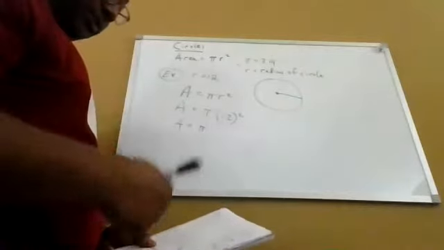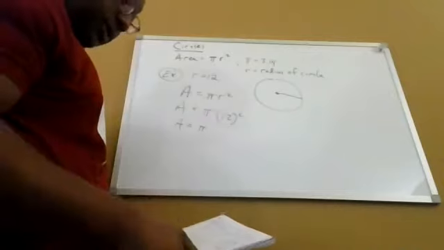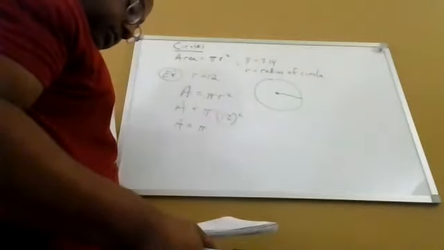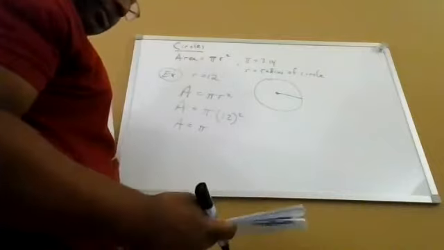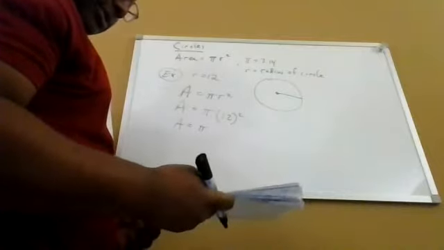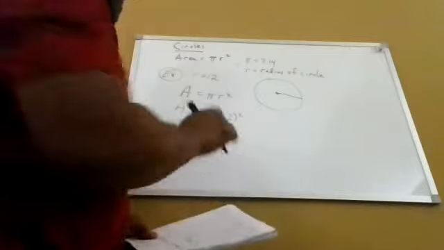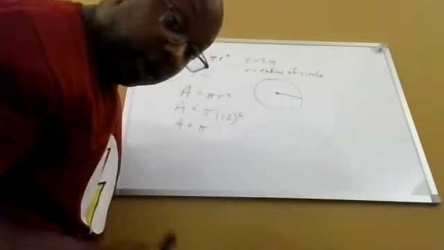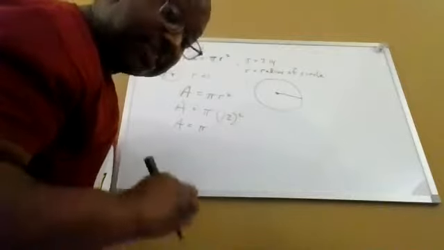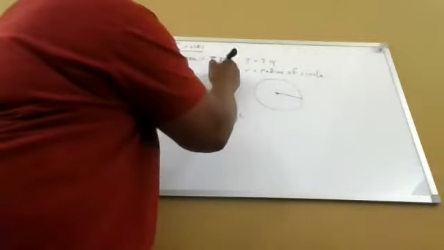Pi times 12 squared is 12 times 12, which equals, oh, it's not 12. Wait a minute. I meant 17. Okay, rewind that back. R equals 17. The radius equals 17.